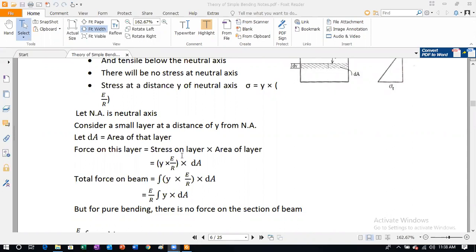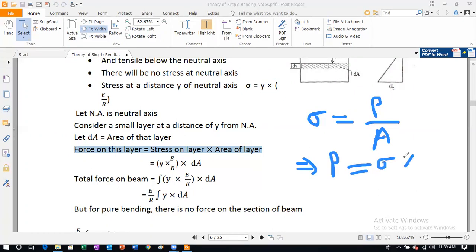Now the force on this layer will be the stress on the layer multiplied by the area of the layer, from where it can be written sigma is equal to P upon A, right? P is force. So from here we will have P is equal to sigma multiplied by area. So the stress on the layer is y multiplied by E upon R, and that small area is dA.